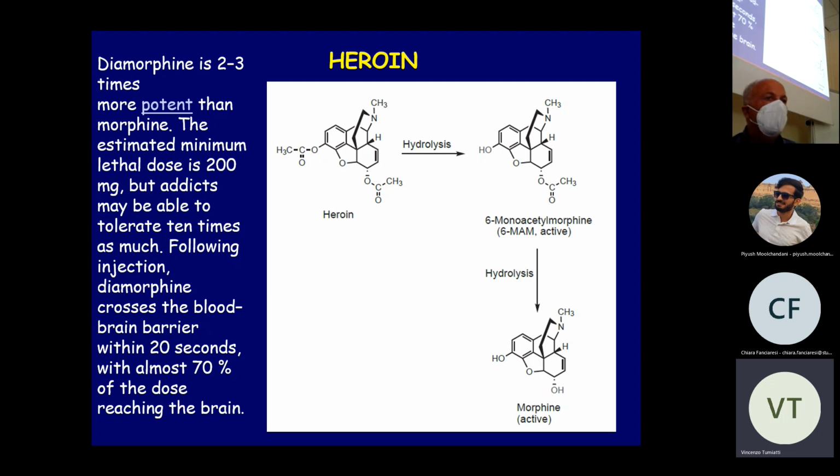This is the reason why morphine is transformed into heroin. You have a more potent compound. When we say more potent, we say a potent activity on pain receptors, yes, but also more potent side effects. So when we say more potent, we say toxicity and activity all together. Please take this fact into account.